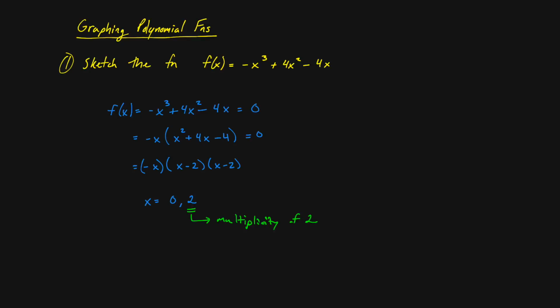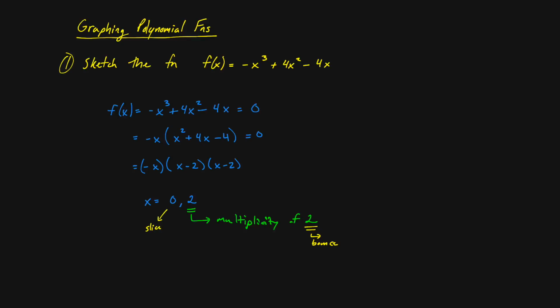It could have been 3 and 3: if this was x minus 3 and x minus 3, the zero would be 3, with multiplicity still of 2. The zero at 0 has a multiplicity of 1. If you have an odd multiplicity, we call that a slice. And if you have an even multiplicity, like the 2 here, you have a bounce.